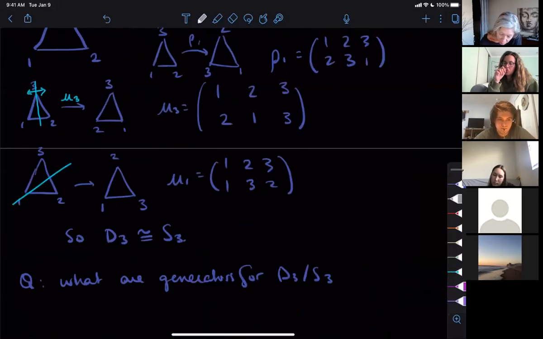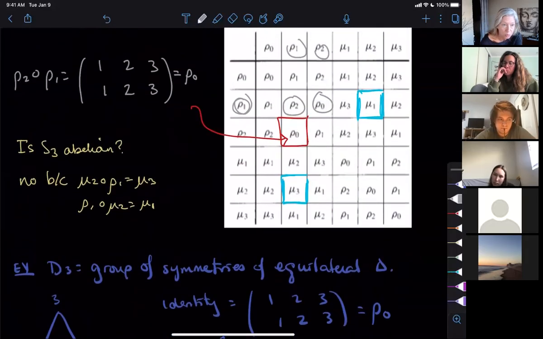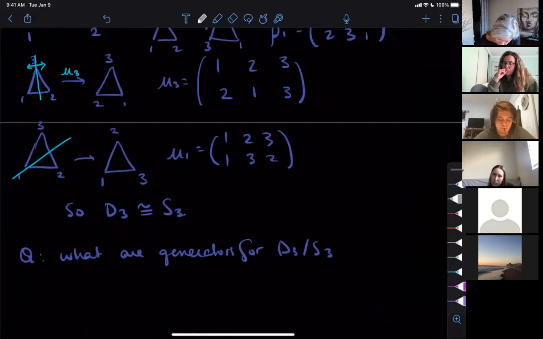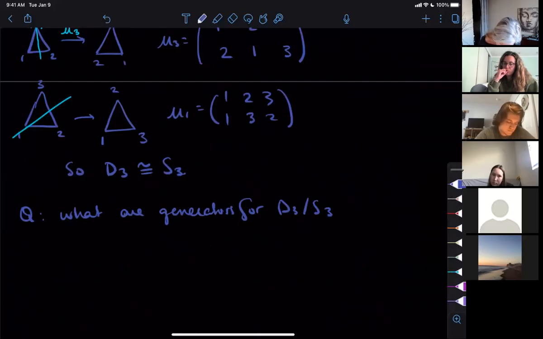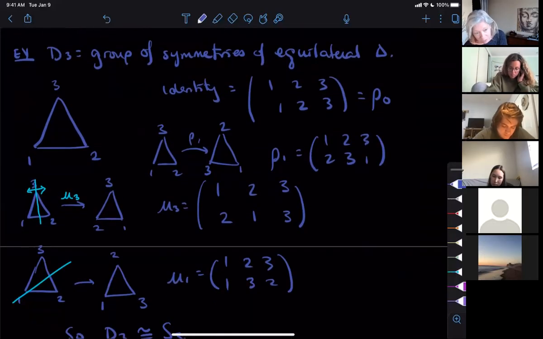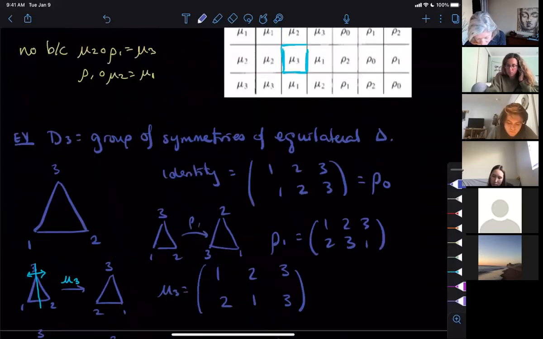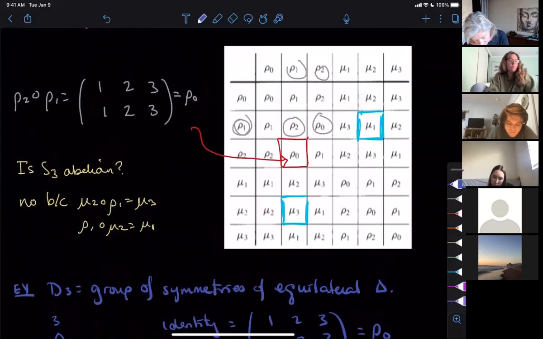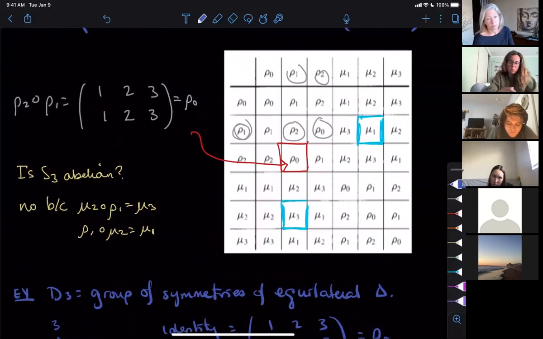And the same thing would be true if we included just rho 2. Rho 2 would give me rho 1 and rho 0. So we need one of the rhos. Who knows which one? So I could use rho 1. Then how many mu's do I need? Do I need all 3 of the mu's? I don't.